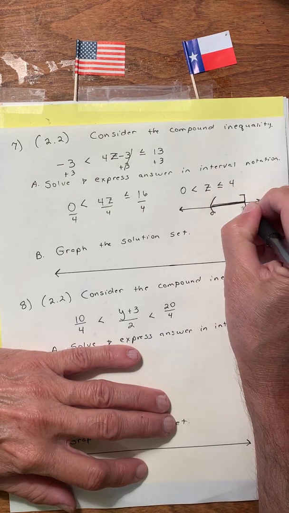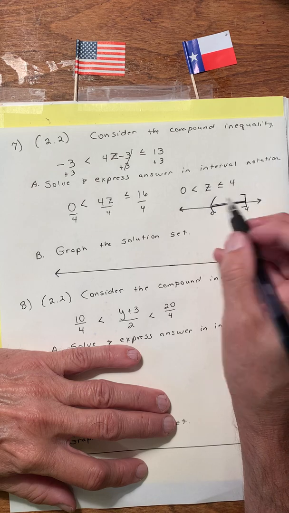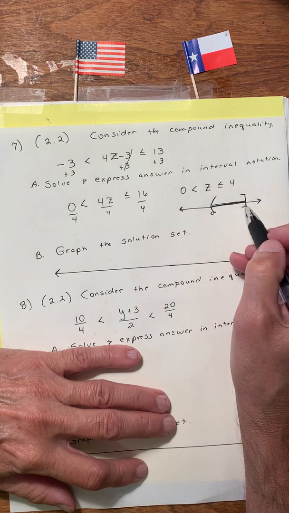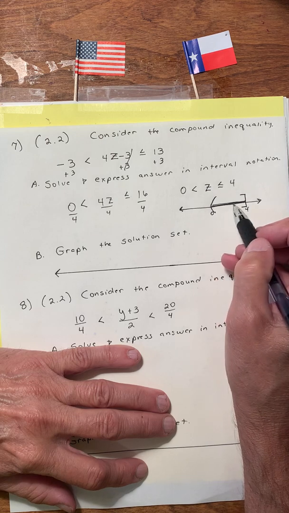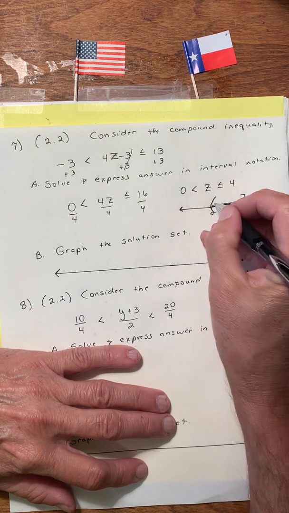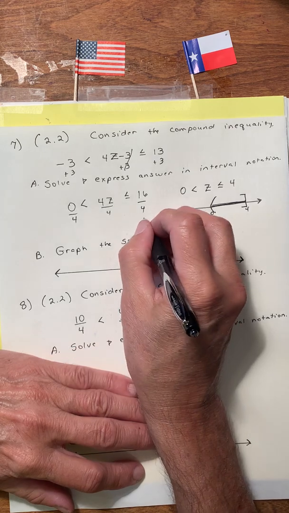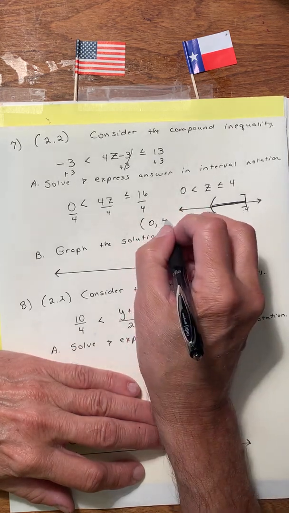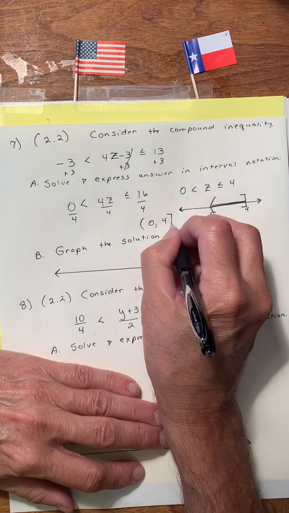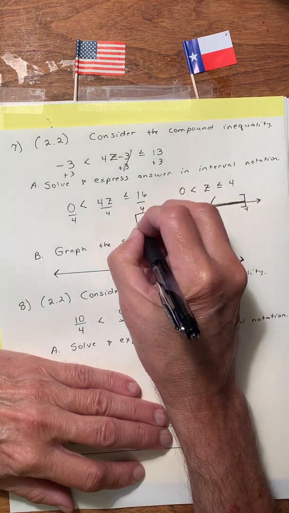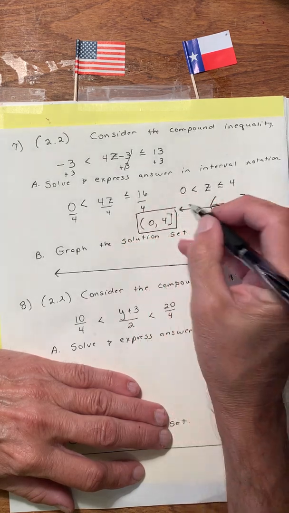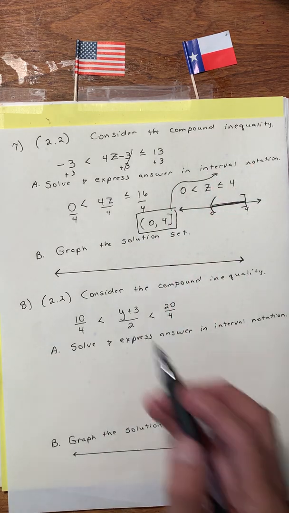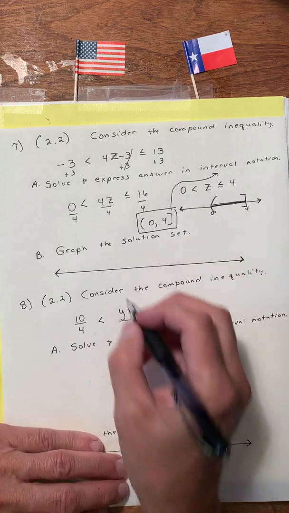That's the difference between a parentheses and a bracket. No equal sign, parentheses. Equal sign, bracket. And how do I write this in interval notation? Just like that. Parentheses, 0, all the way to 4, bracket. So this is what they're asking for when they ask for interval notation. All right, graph the solution set. Hey, we just did it.